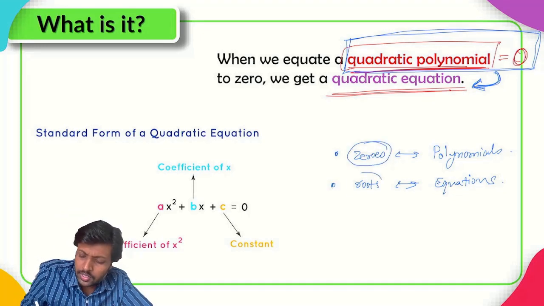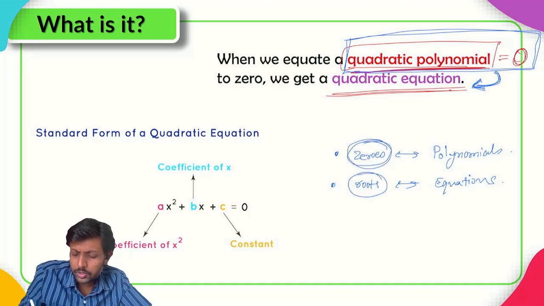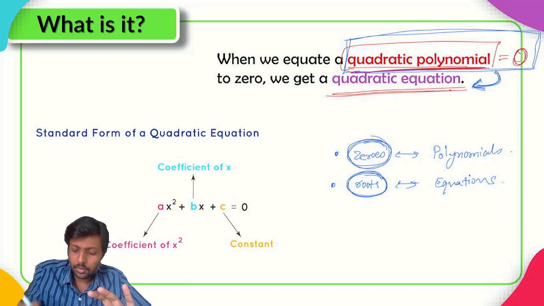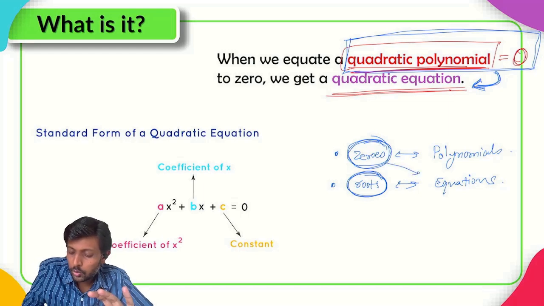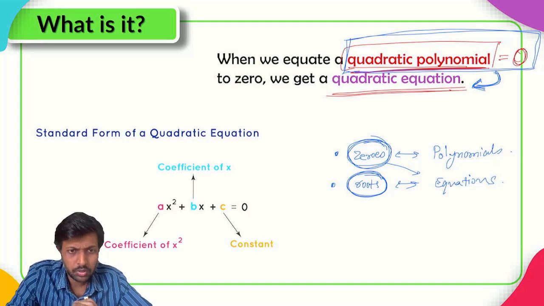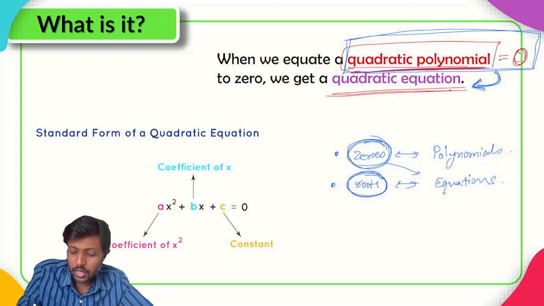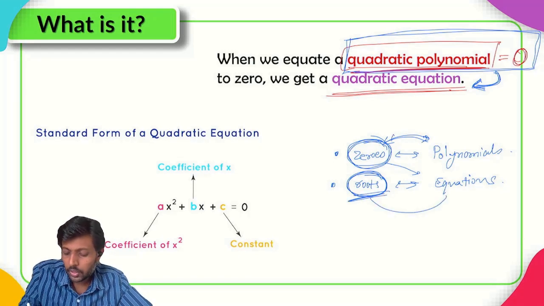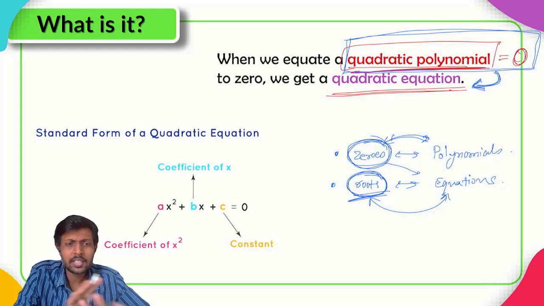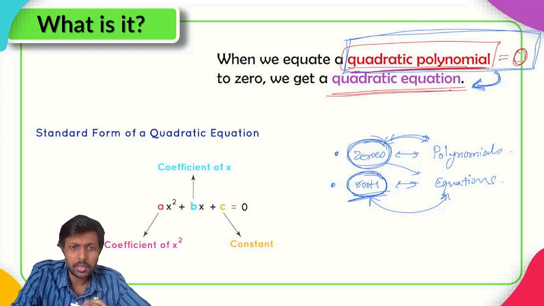Sometimes roots and zeros are used interchangeably, although it's not technically precise, but still, if we are using zeros in relation to equations, we can understand that it's talking about the roots. Zeros are used always when we're talking about polynomials, and the word roots is used when we're talking about equations. But you will see in different books, it's used interchangeably.